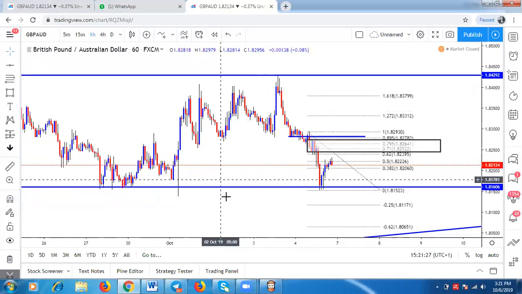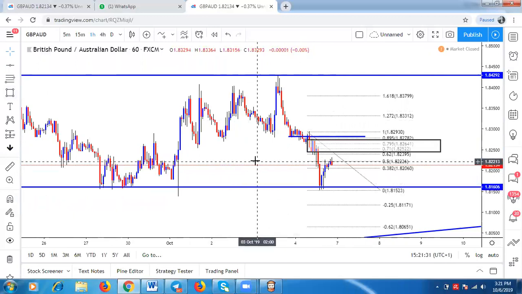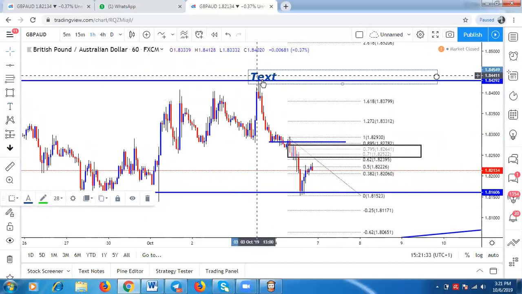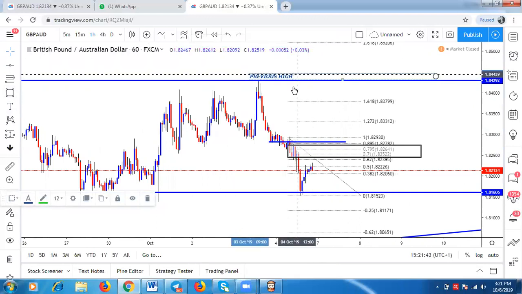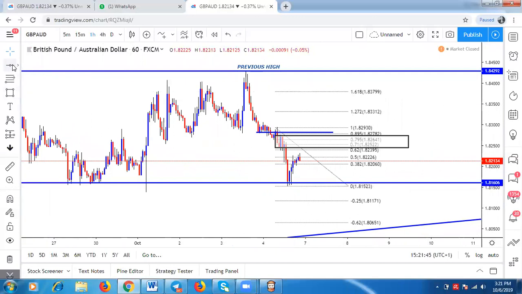That will be Friday's high. And then of course we have this one here, Friday's low. So you can mark it on your chart. Previous high. Previous day low.